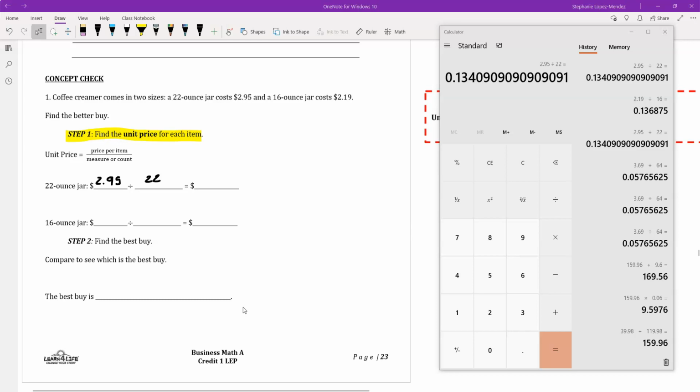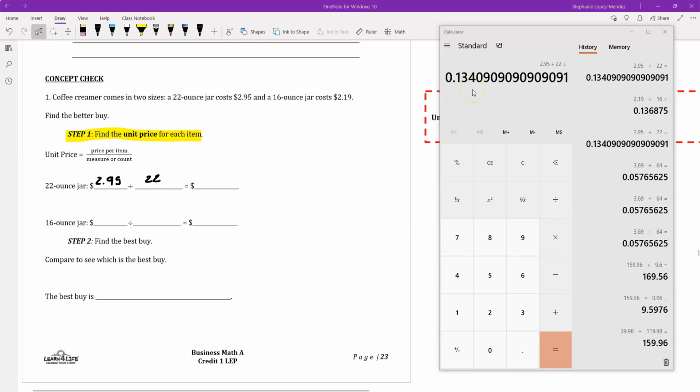If we remember what we saw in our previous section, when we have a number and we want to round it, we need to check what's the next number. So for the 1 in the tenths place, the next number is a 3. That's less than 5, so I keep that 3. Now if I see the next number, it's a 4.